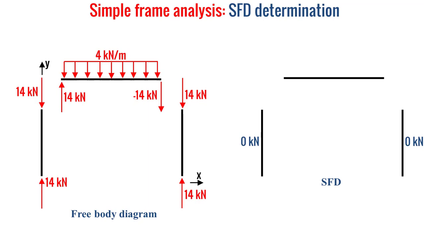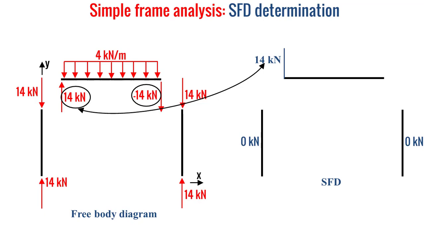Now for the beam, we have a shear force of 14 kilonewton applied at the left-hand edge of the beam. This 14 kilonewton will be placed in the shear force diagram at the left-hand edge of the beam. Same thing for the right-hand edge of the beam.